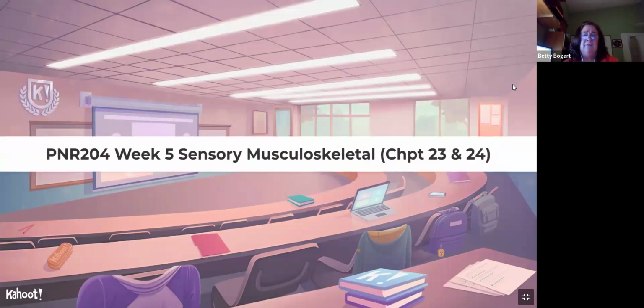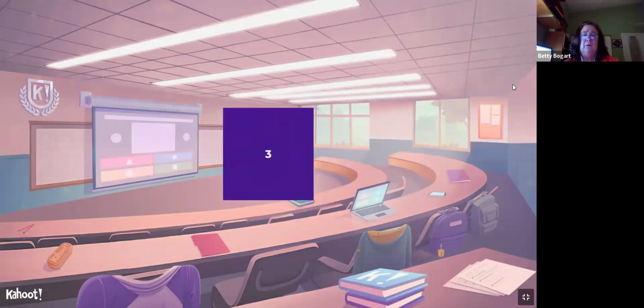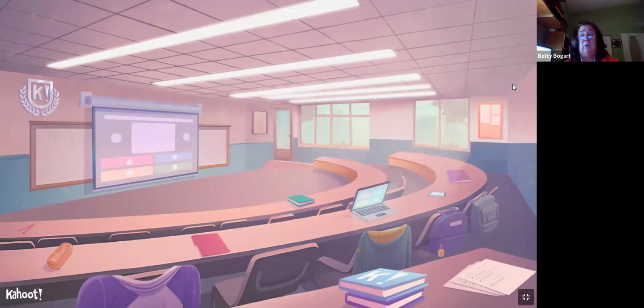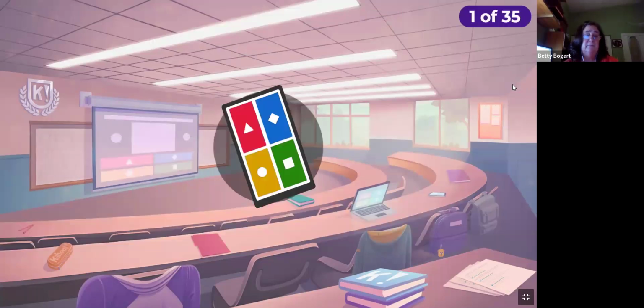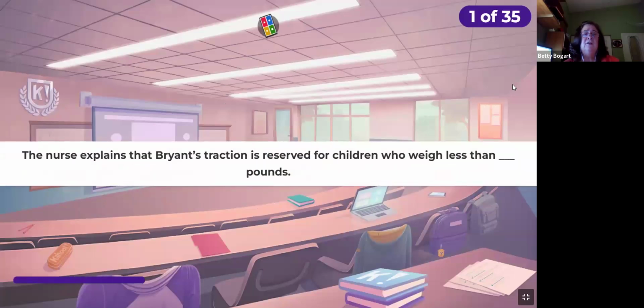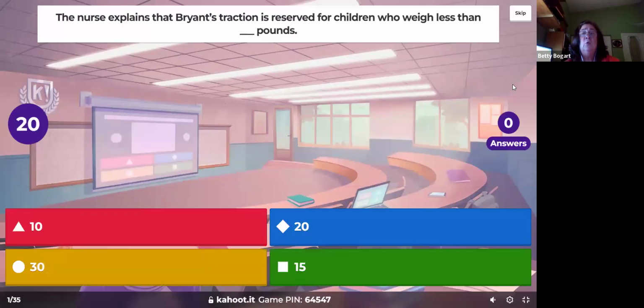Week 5, chapters 23, 24. It's going quick, very quick. The nurse explains that Bryant's traction is reserved for children who weigh less than what pounds? Remember, this is the traction used for fractured femurs or hip dysplasia, right?